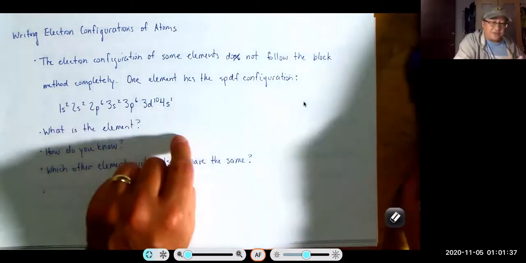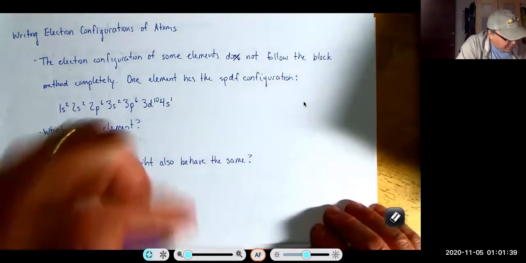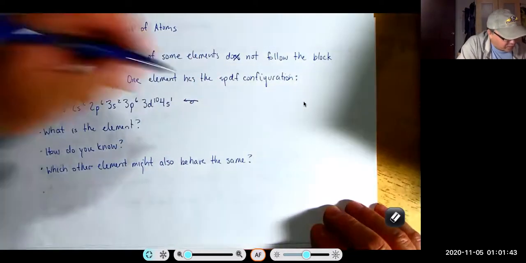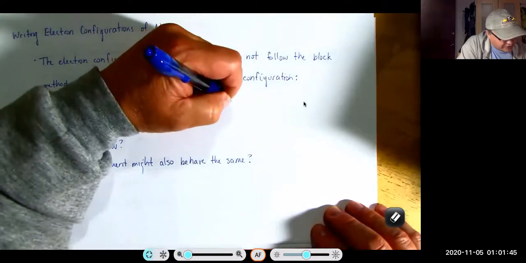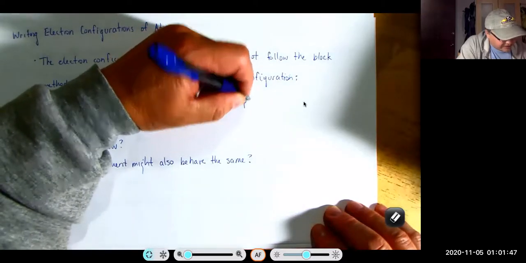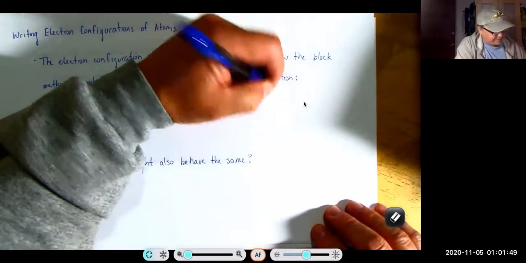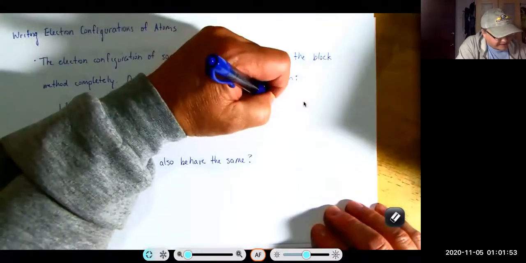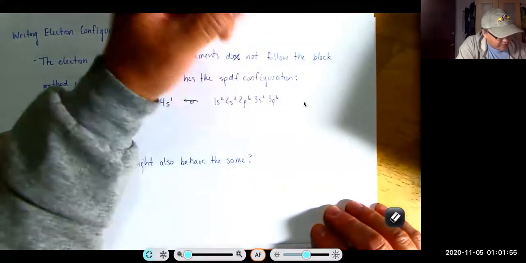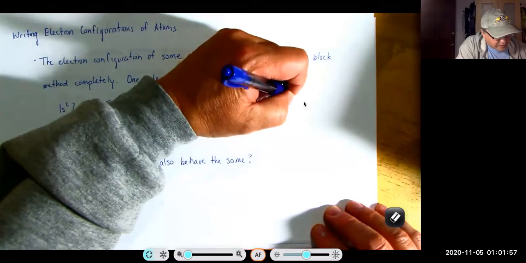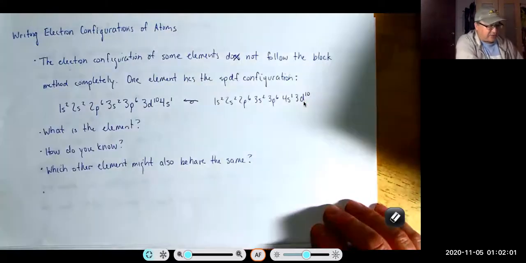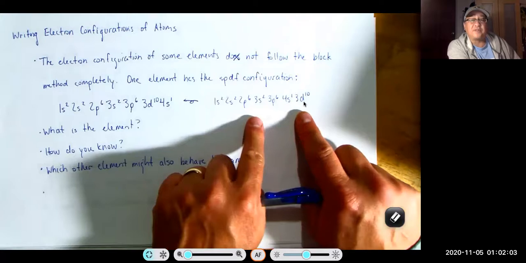Now, this is after it's been rearranged. Before it was rearranged, we would have gotten 1s2, 2s2, 2p6, 3s2, 3p6, and 4s1, 3d10. So this is what we would have had before rearrangement.